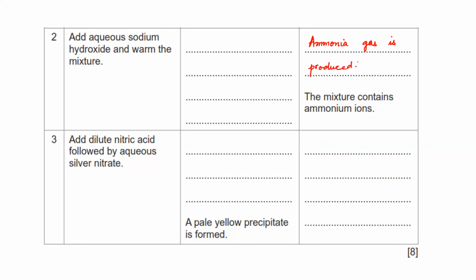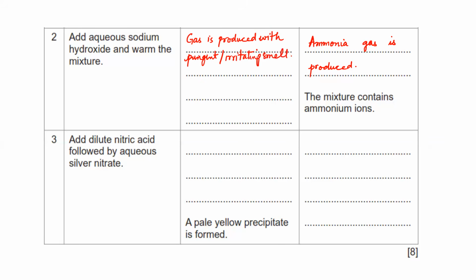So now we have to write down the test for this gas. The first observation will be that gas is produced with a pungent or irritating smell.